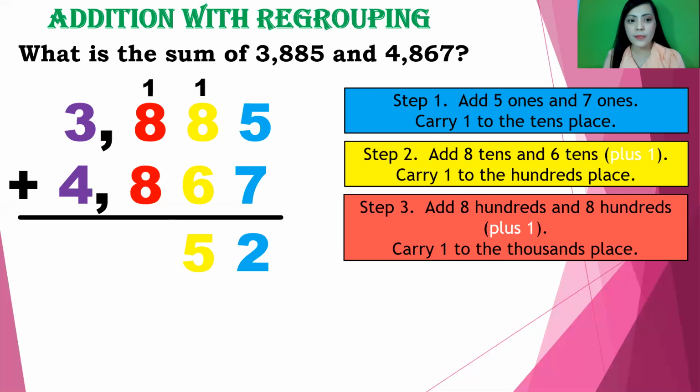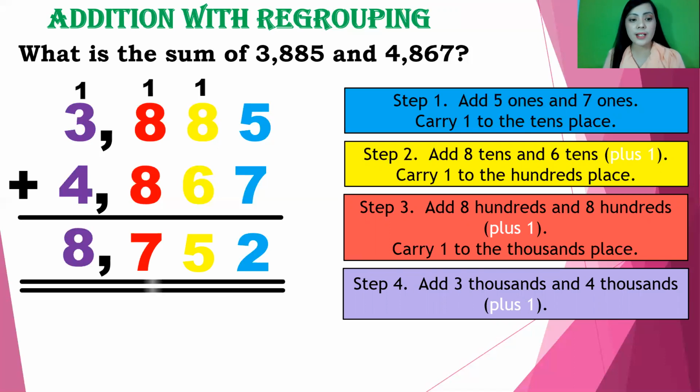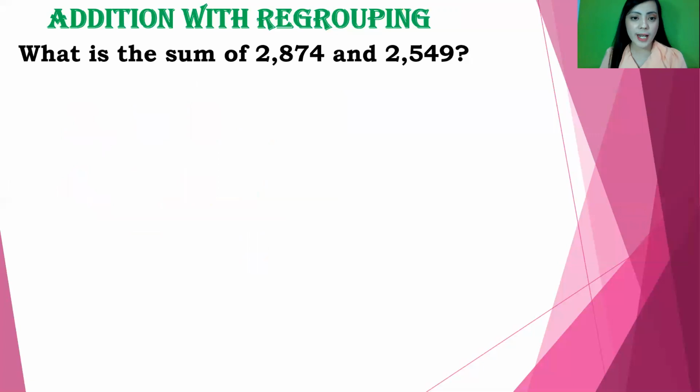The 1 on top of the 8 is equal to 17. So carry 1 to the thousands place. Next, add 3,000 and 4,000. 3 plus 4 is equal to 7. Plus 1 is equal to 8. So 8,752 is the answer.